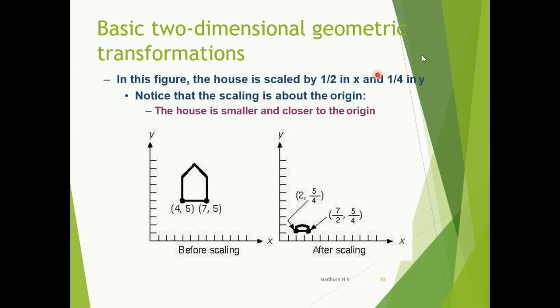I said that if sx and sy values are in the range of 0 and 1, your points will start moving towards the origin, and the size also decreases. So notice here the scaling is about the origin, and the house is smaller and it is going closer to the origin.